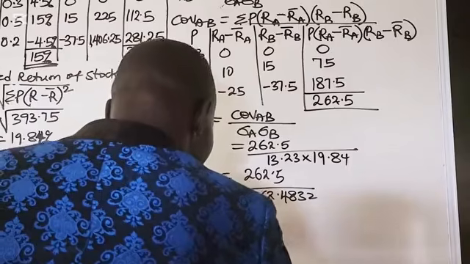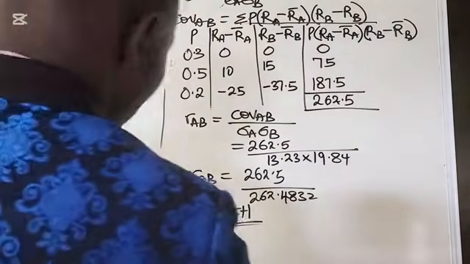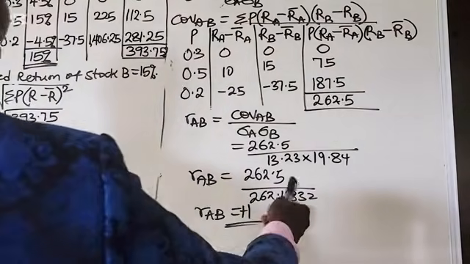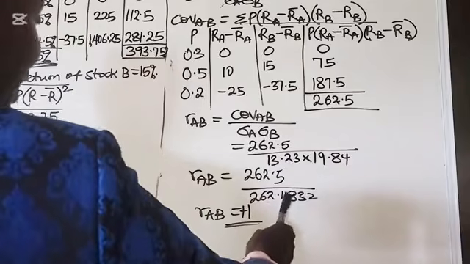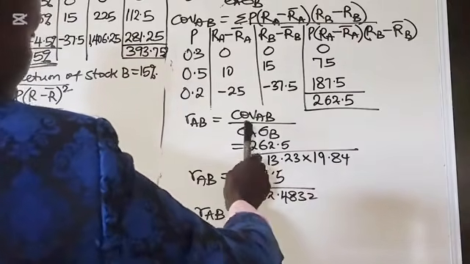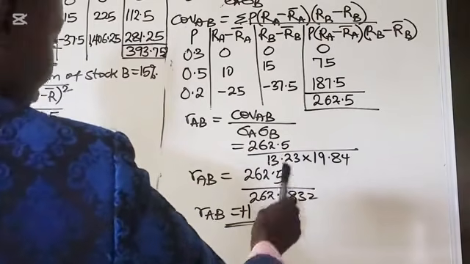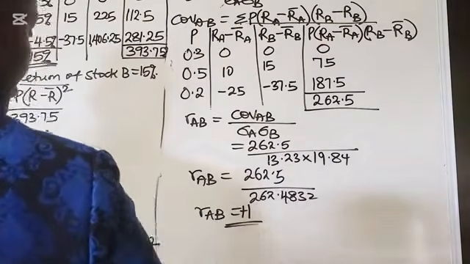So plus 1. So we have the correlation coefficient to be plus 1 from the result. Remember, this denominator is the product of these two standard deviations. The standard deviation of stock A is this, that of stock B is this. So when you multiply, that is how we got this.